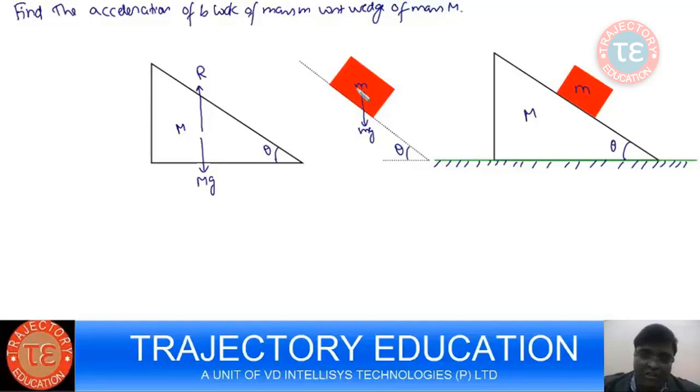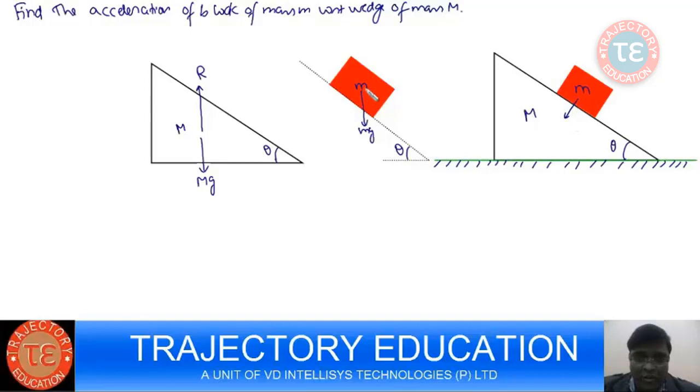What else does it interact with? It interacts with the wedge. And what is the wedge doing basically? The wedge constrains the motion of this block in this direction.